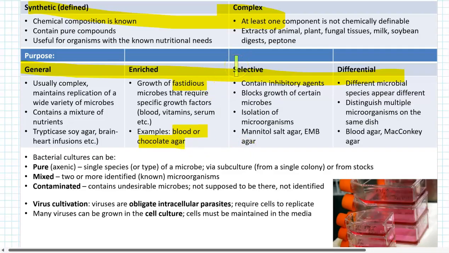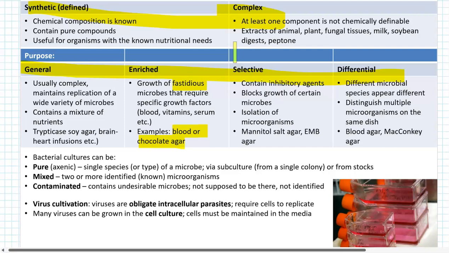Selective: inhibit some bacteria, allow other bacteria to grow. Pretty straightforward. Differential: microorganisms that have different properties appear differently on such medium. So far, does what I said make sense in terms of definition and explanation?